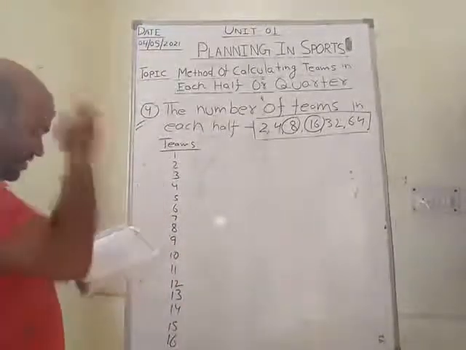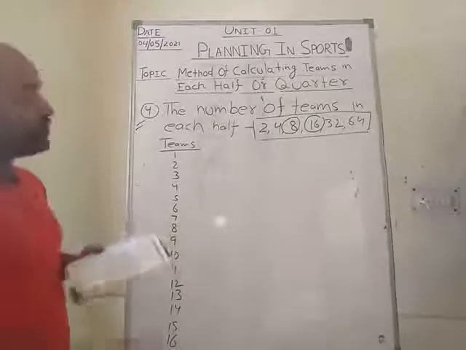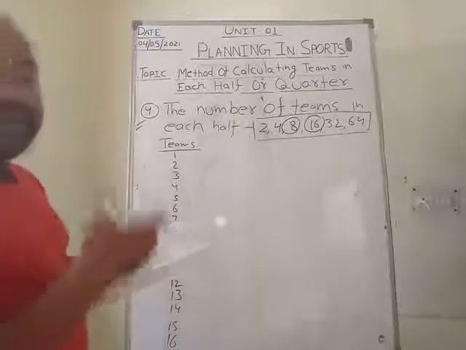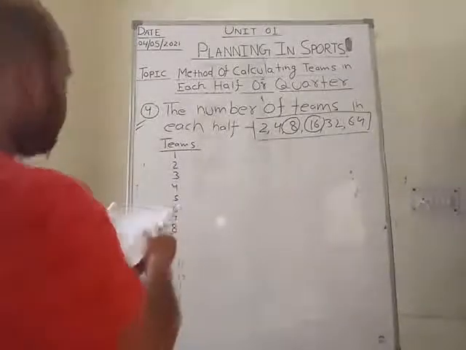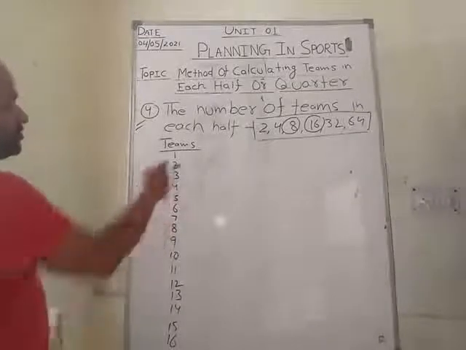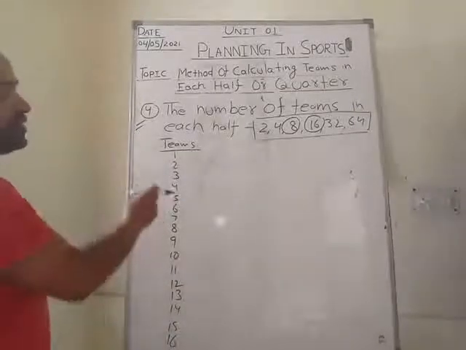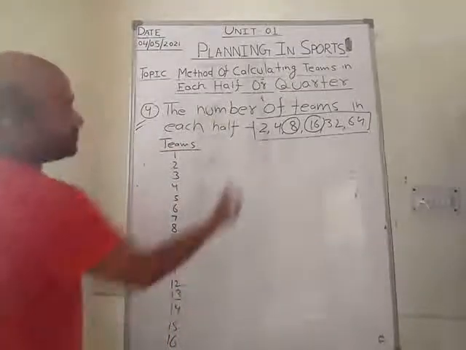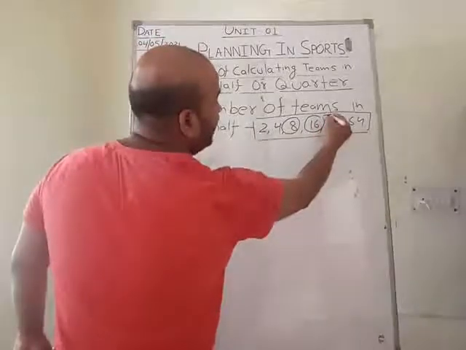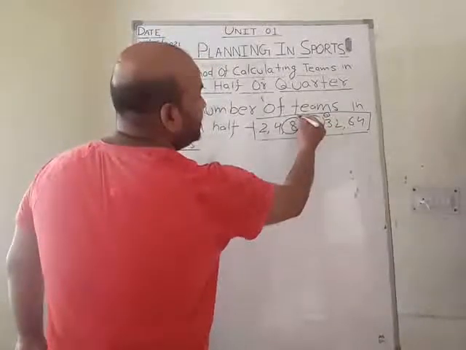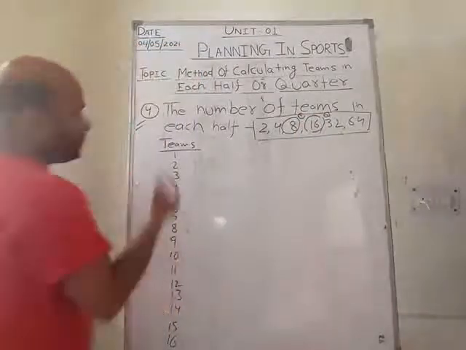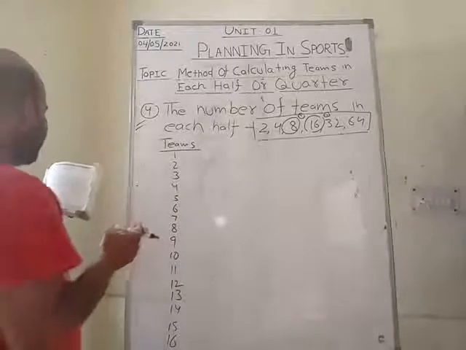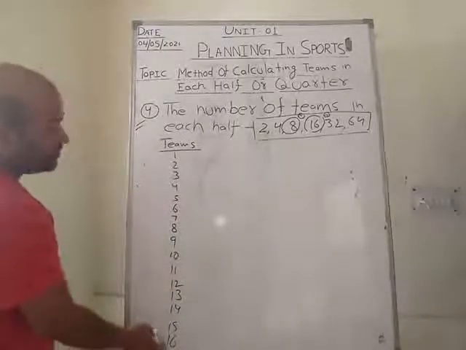Okay, this number of teams is in the power of 2, so it becomes easy to divide the teams into 2 halves. There are no issues. 8 has 3 factors of 2, and 16 has 4 factors.